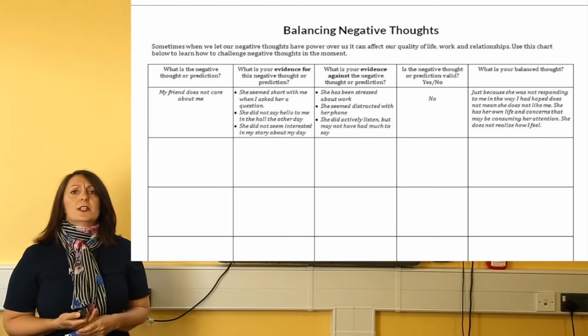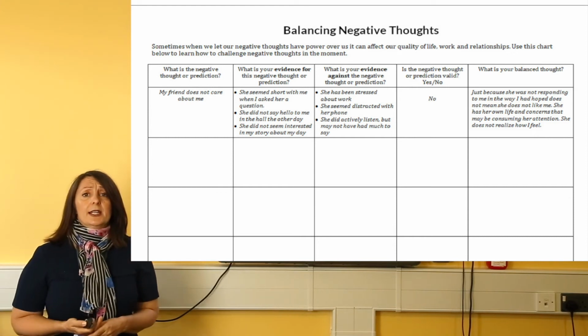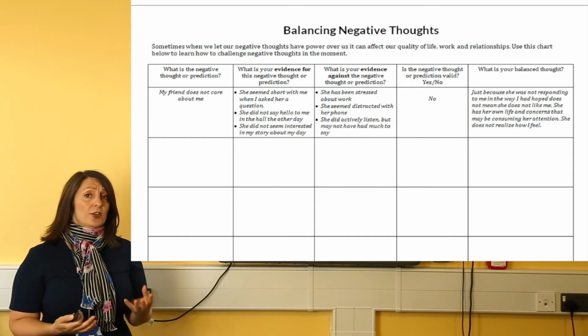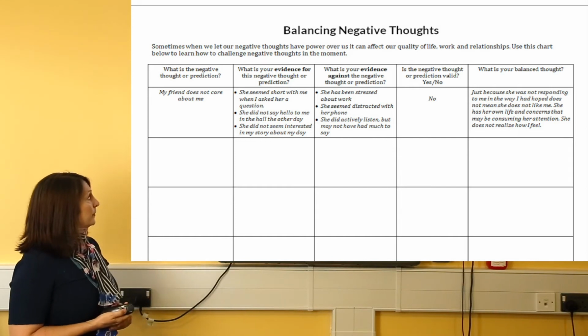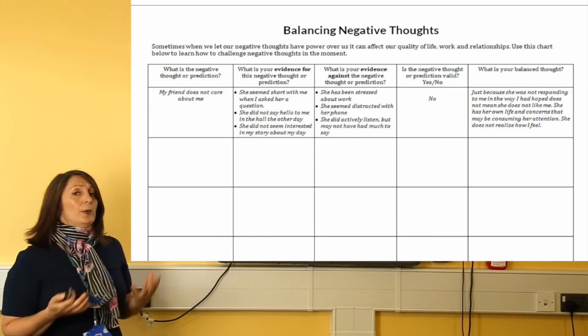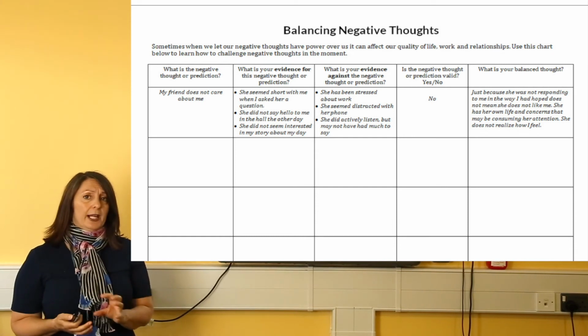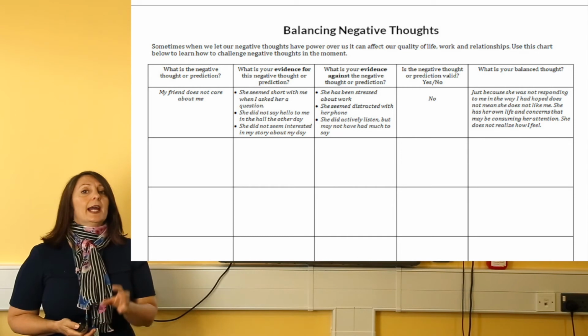Then we look for the evidence together around what it is that keeps that thought going, and that child or young person and yourself would discuss that in some detail. But then, to break that chain, we look at what the evidence against that is.